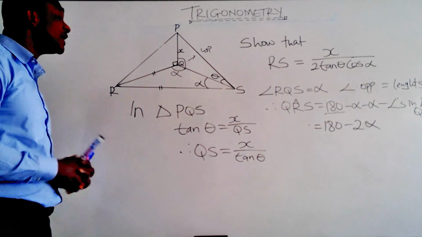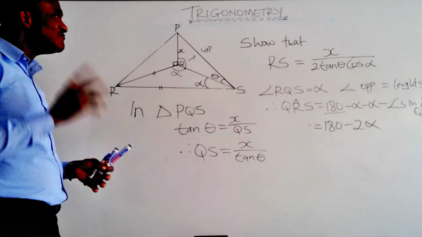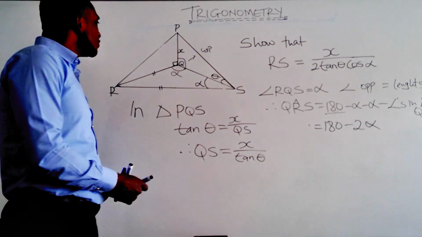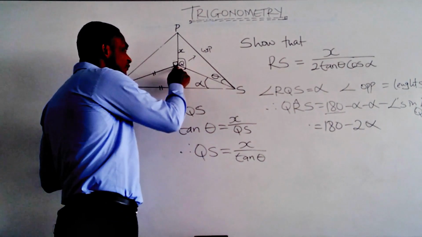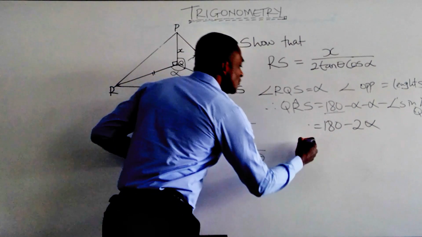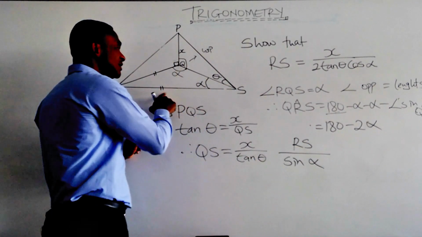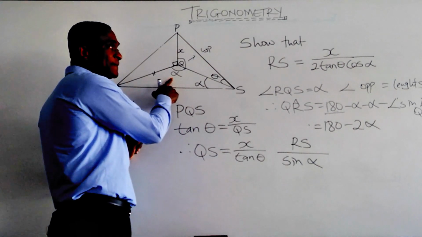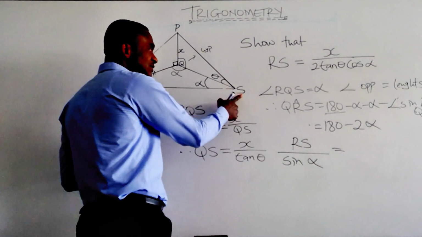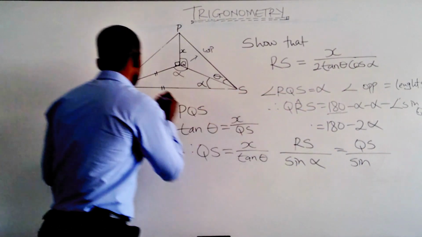Now let's use the sine rule. We can use the cosine rule, but it becomes a little bit more complex. Let's use sine rule, having in mind that we need our RS, so the angle facing the length is what we went with. Here for sine rule, we have RS over sine of the angle facing the length: RS over sine alpha is equal to, we have QS, so let's use it, QS over sine of the angle facing it.